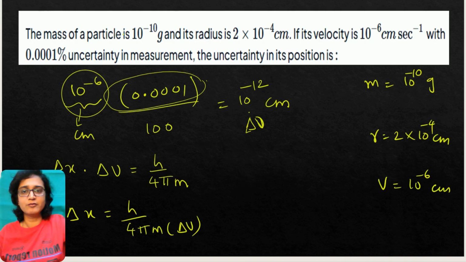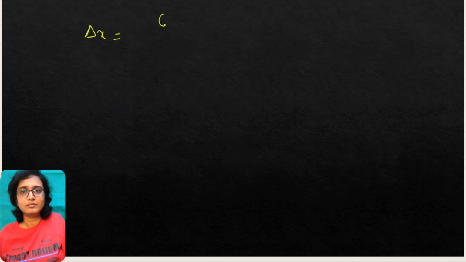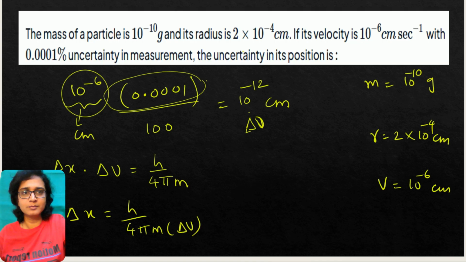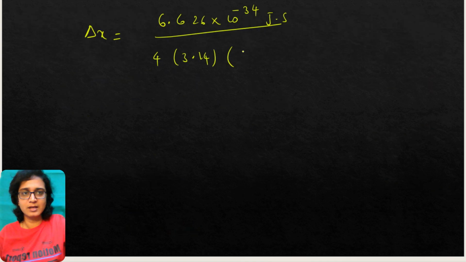Delta x is equal to h by 4 pi m, m is 10 power minus 10 grams, that means 10 power minus 13 kg. Why? Because I'm taking joules here, Planck's constant in terms of joules.